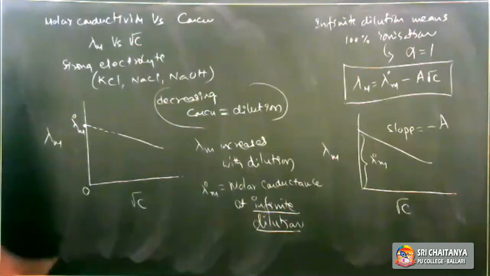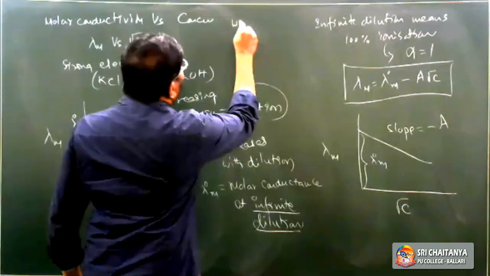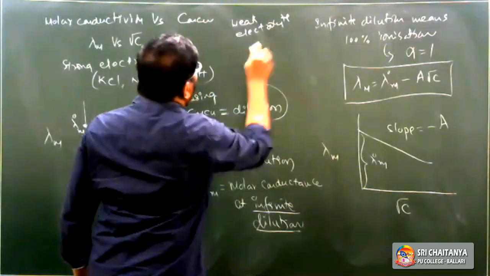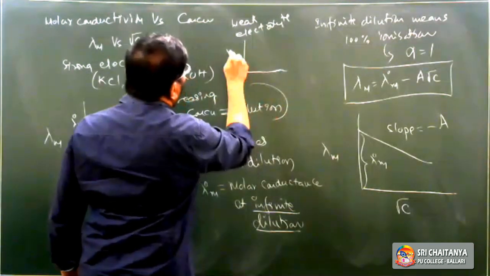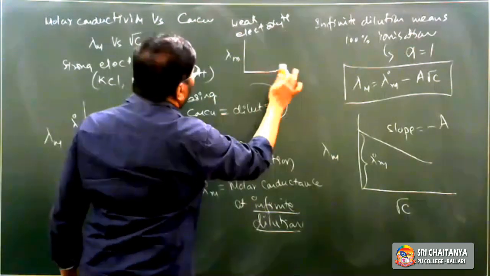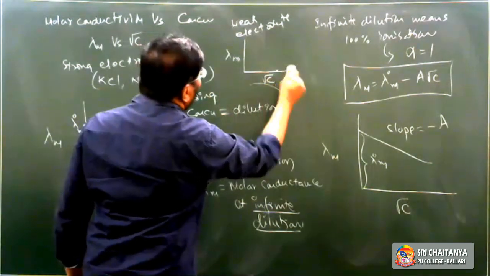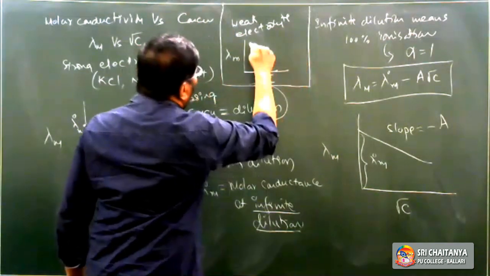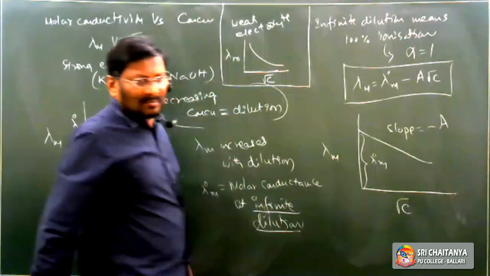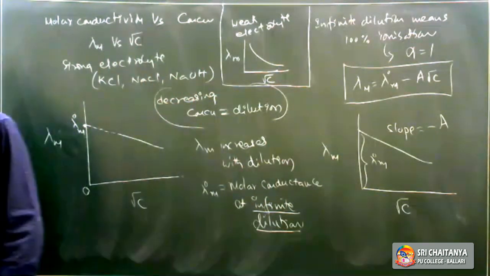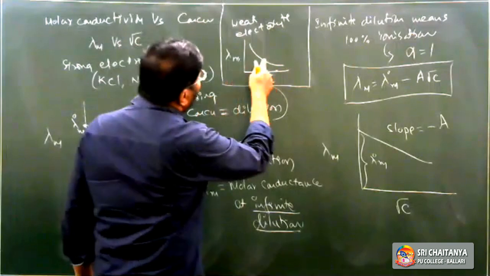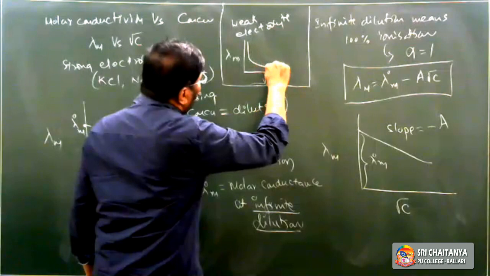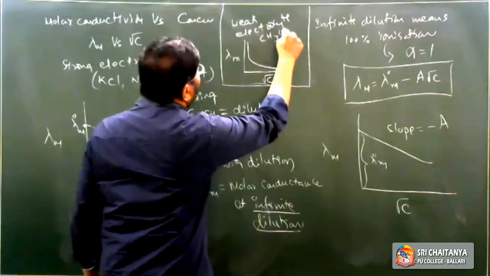Okay, so now lastly, weak electrolyte: lambda m versus square root of c. We get like this, for example CH3COOH.